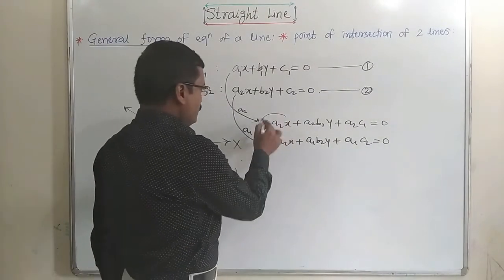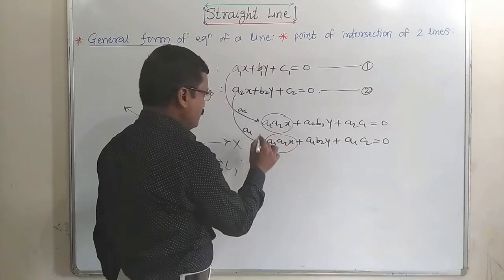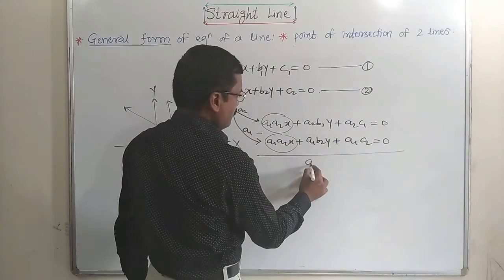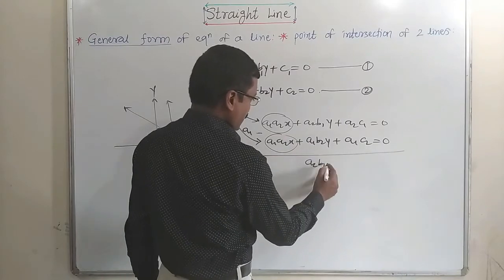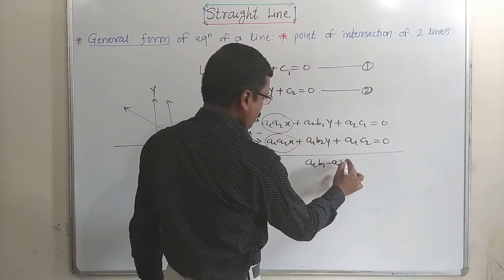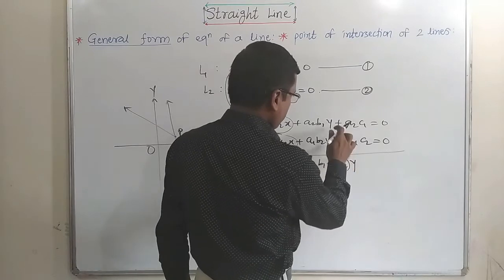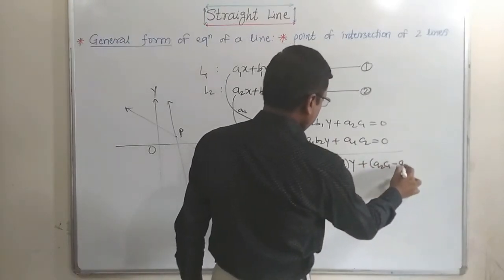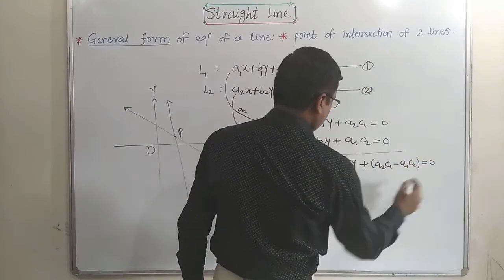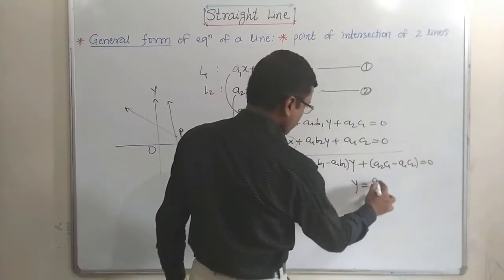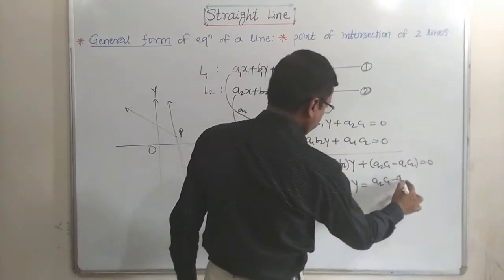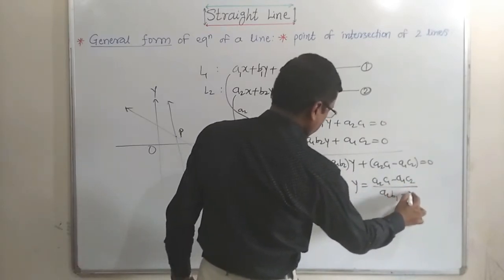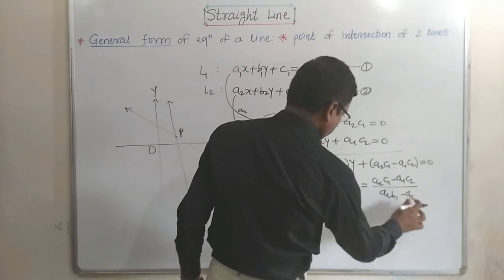In these two equations, these two terms are the same. So taking the difference of these two equations, we get (a2 b1 minus a1 b2) times y plus (a2 c1 minus a1 c2) equal to 0. So y is equal to (a2 c1 minus a1 c2) upon (a1 b2 minus a2 b1).